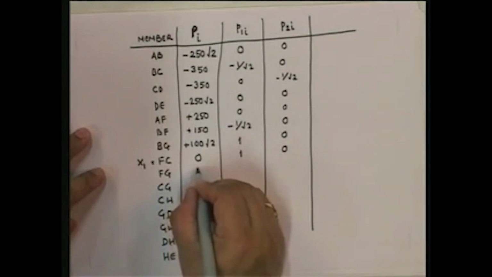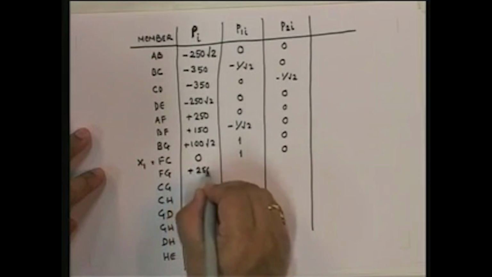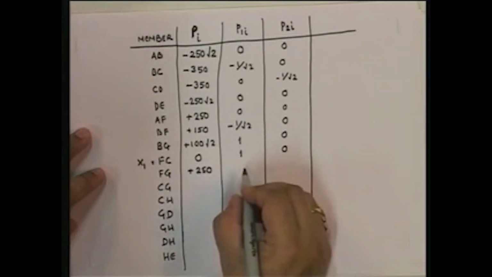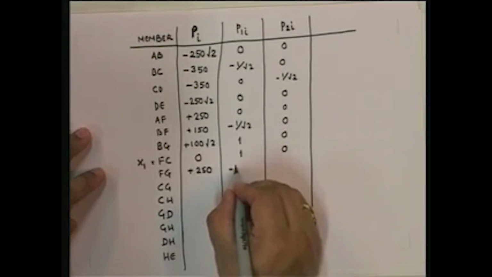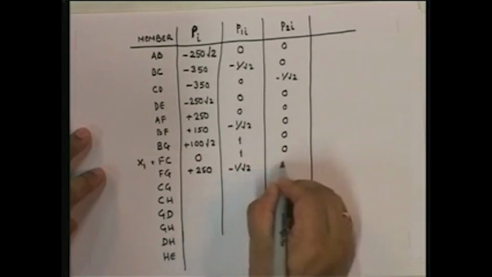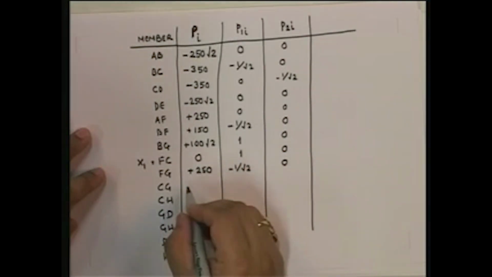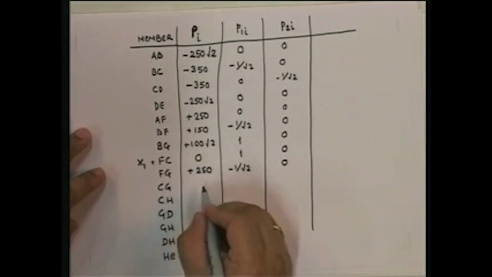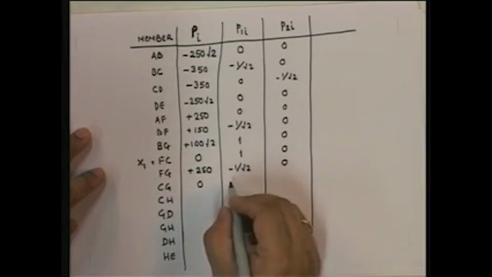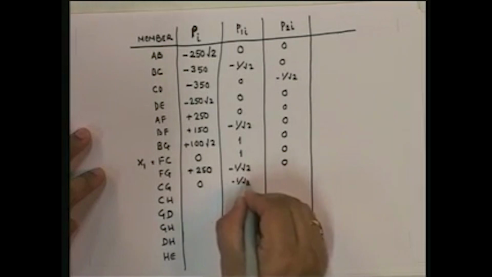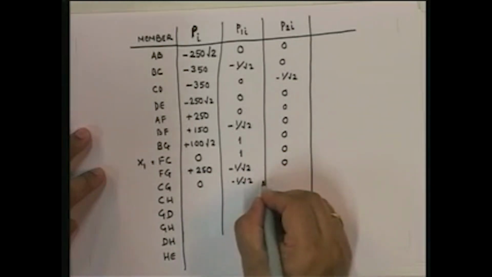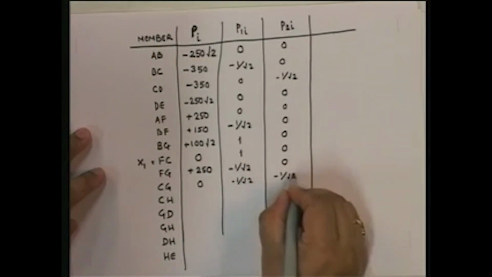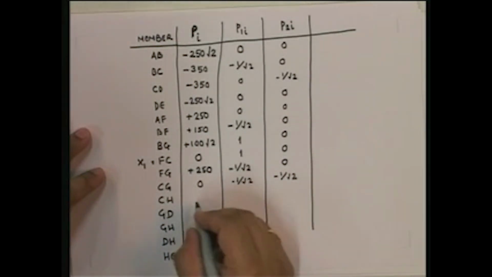FG is plus 250 here, then it is minus 1 over root 2 here, and 0 here. CG is going to be equal to 0 here, minus 1 over root 2 here, and minus 1 over root 2 here.